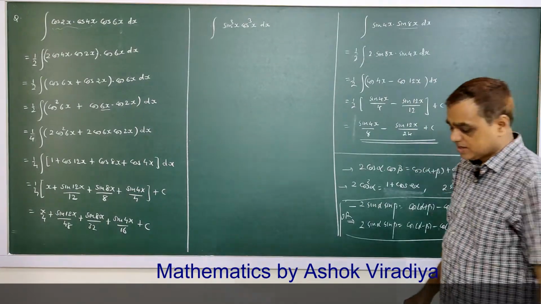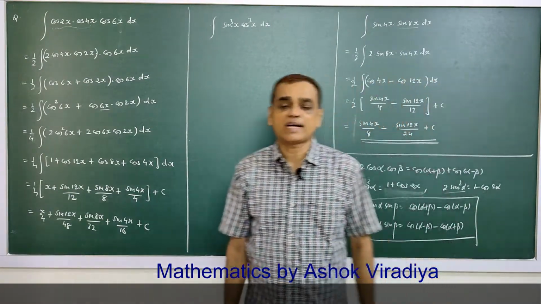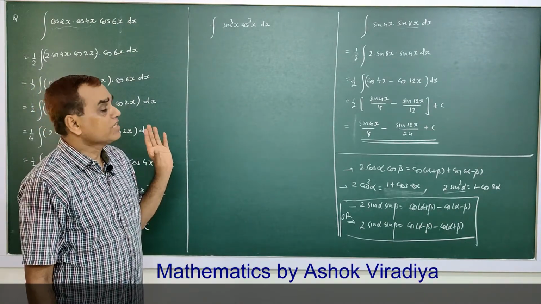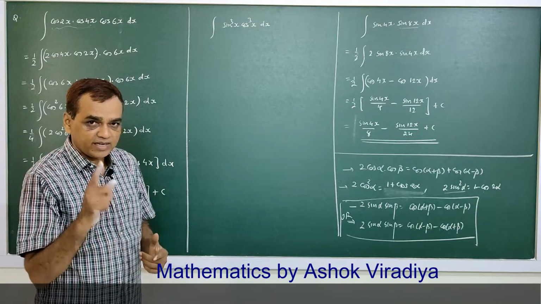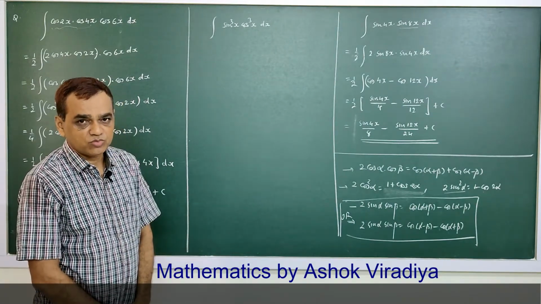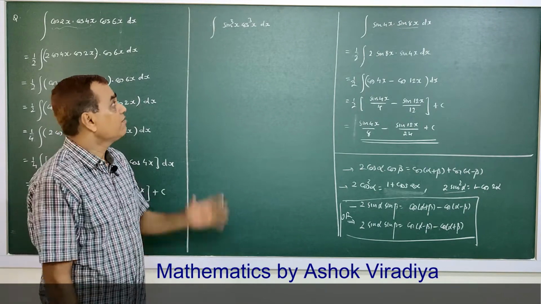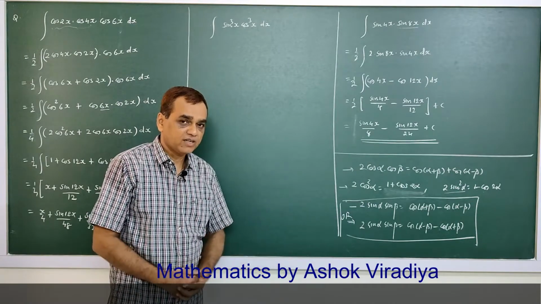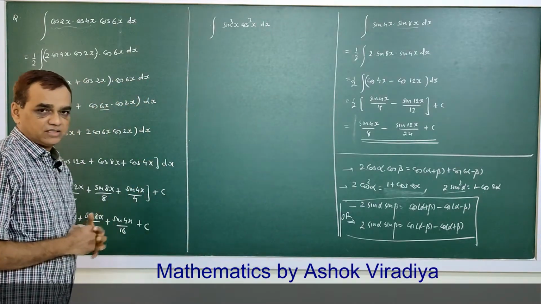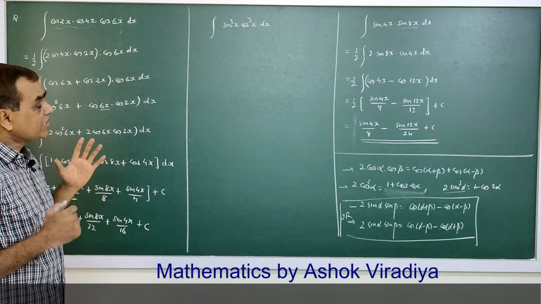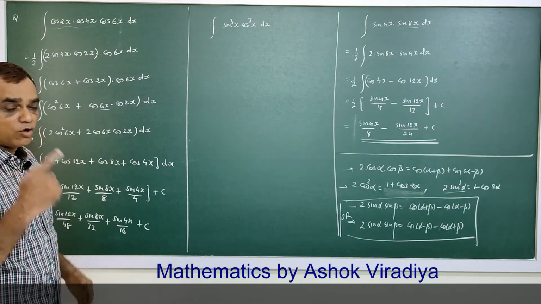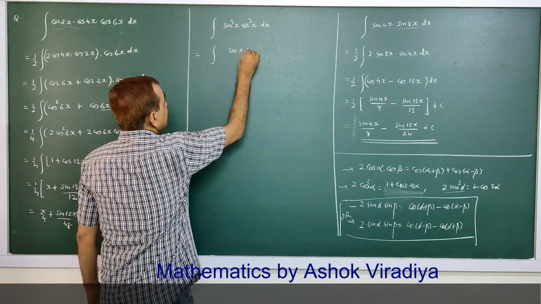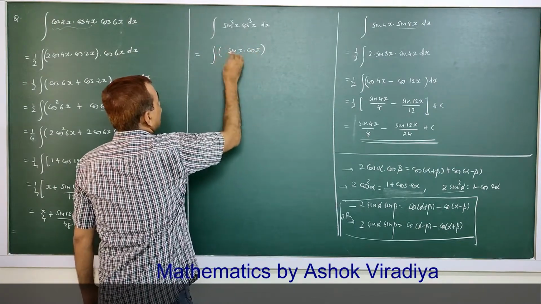Now here sin cube x into cos cube x. If only sin cube x alone is given, what to do, that I explained in the last video, in the last question. If only cos cube x is given, then I explained just a few minutes before. But here a product is given, and to convert this into integrable form, what we do, look here: integral of (sin x into cos x) whole cube.